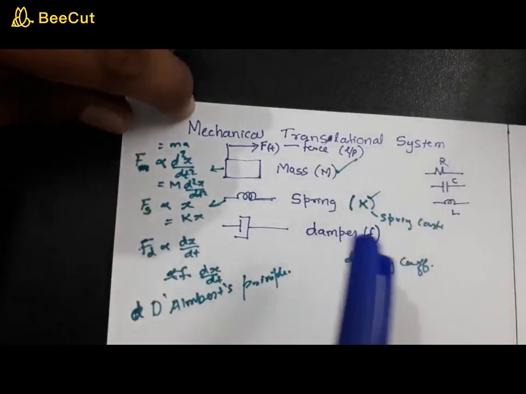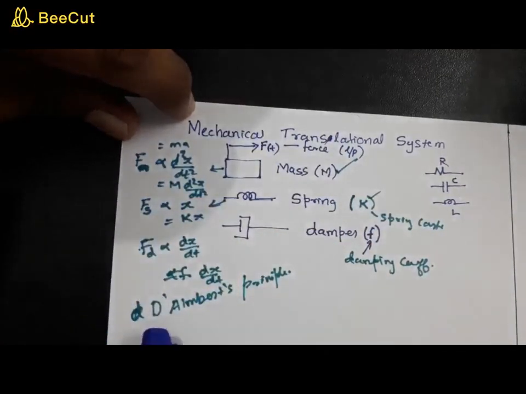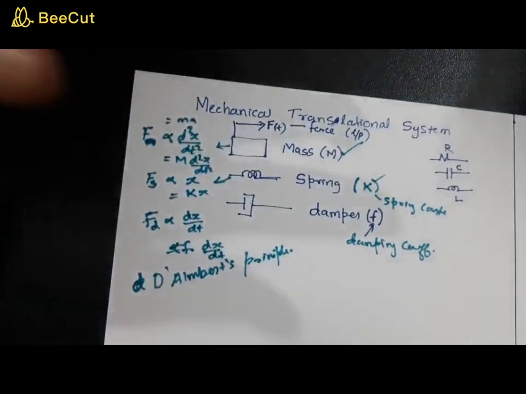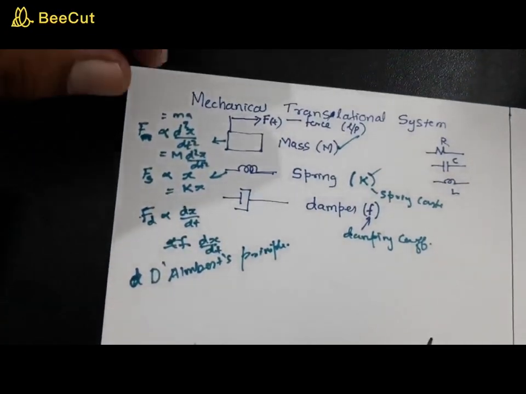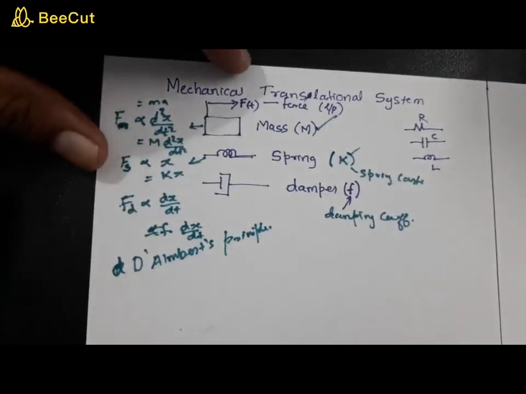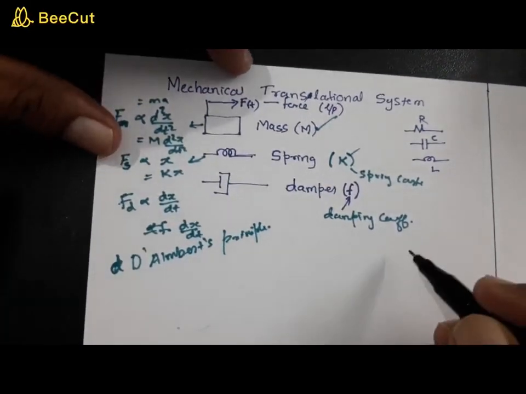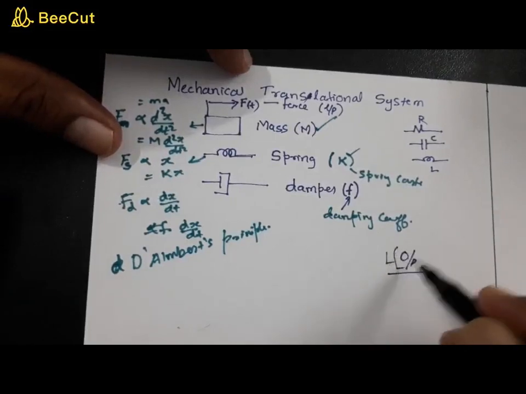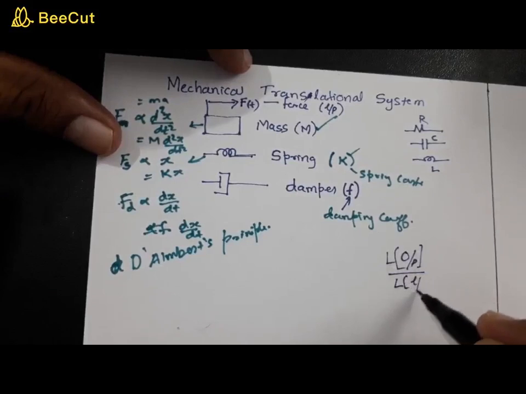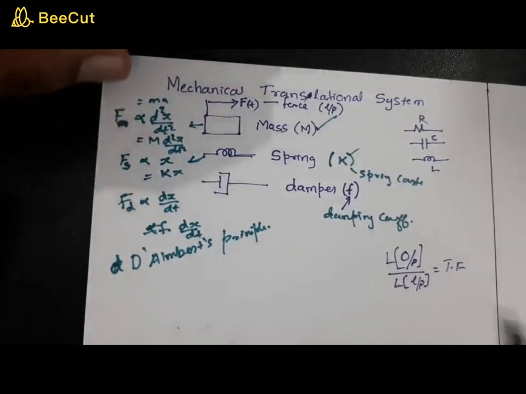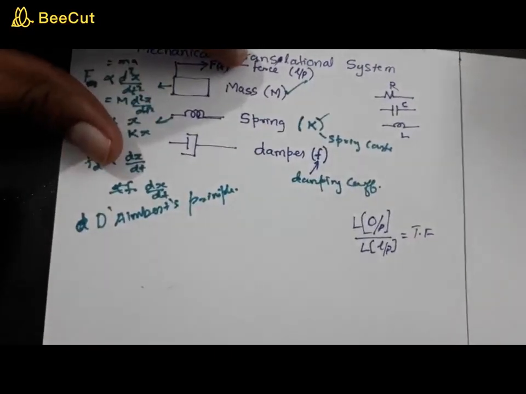Similarly, by applying D'Alembert's principle as well as Newton's laws of motion, you can come to various sets of equations. Using those equations properly, you can find the Laplace transform of output to Laplace transform of input, which is going to be the transfer function. Once you have found that, that's it.